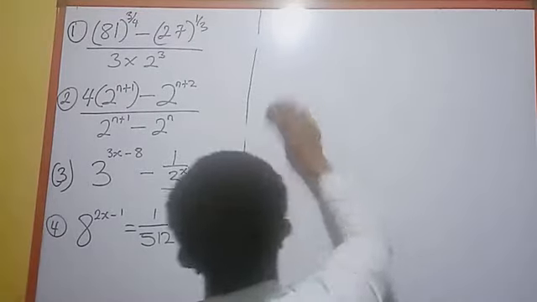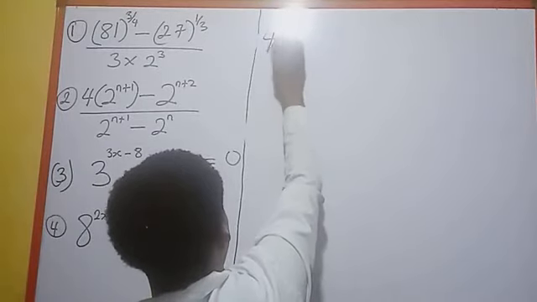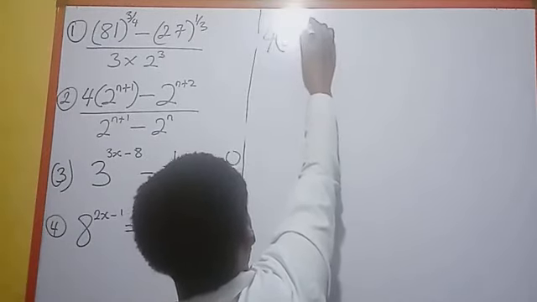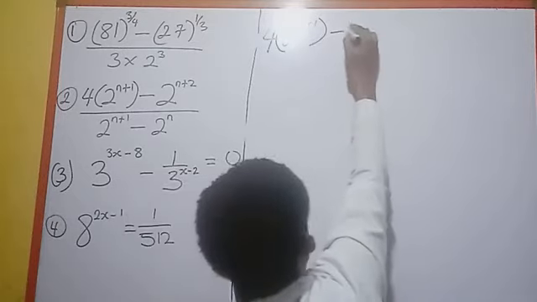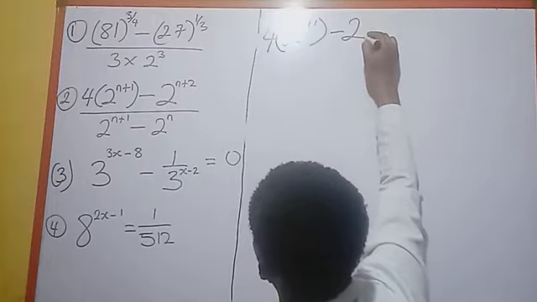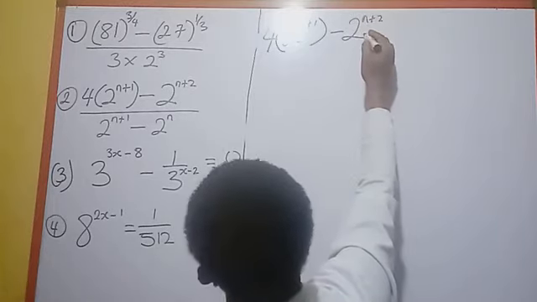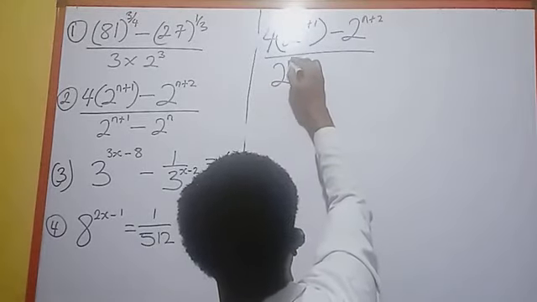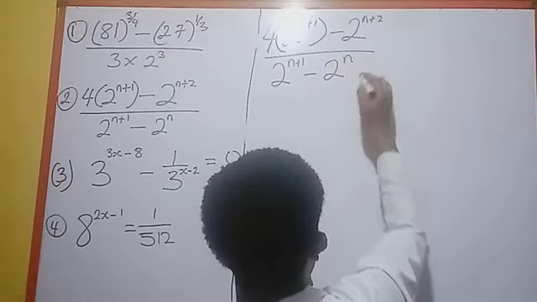Now the second question we have is saying that in brackets you have 2 raised to the power of n plus 1, close bracket, minus 2 raised to the power of n plus 2, all over 2 raised to the power of n plus 1 minus 2 raised to the power of n.